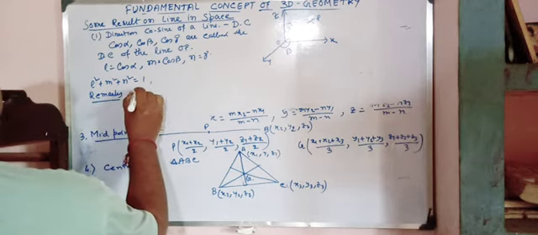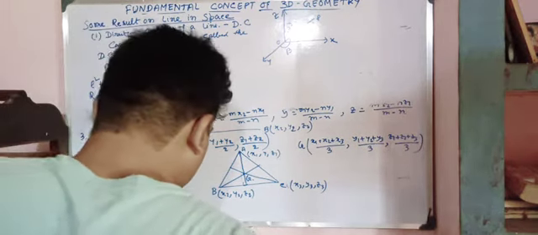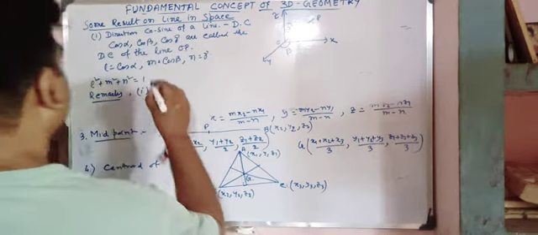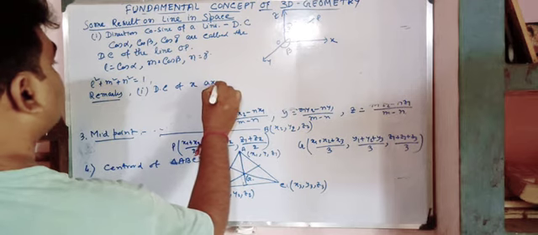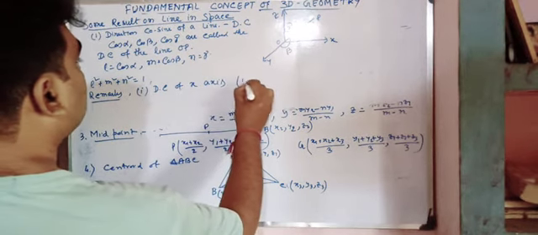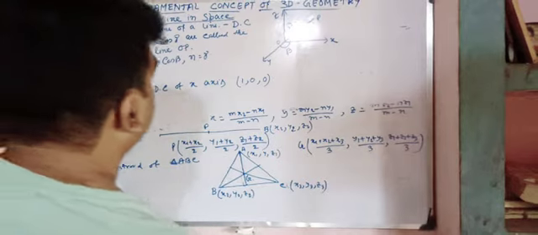The first remark is the direction cosine of the x axis. The direction cosine of the x axis is 1, 0, 0.